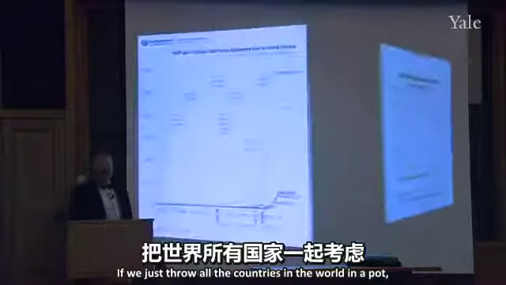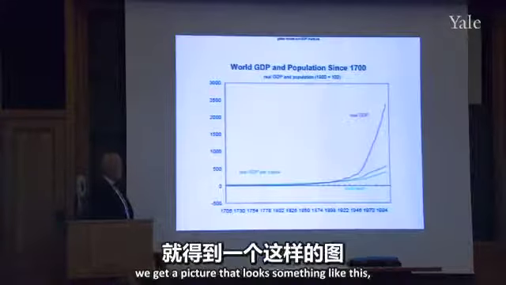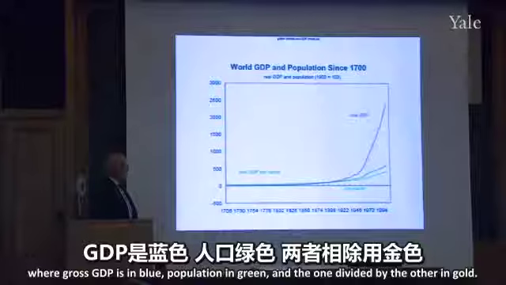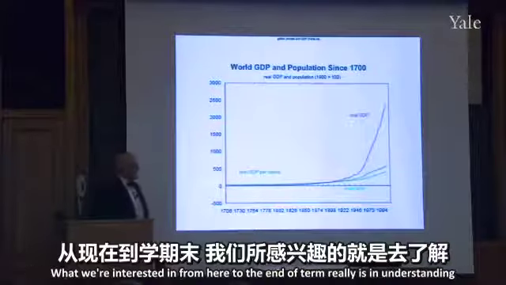And if we just throw all the countries in the world in a pot, we get a picture that looks something like this, where gross GDP is in blue, population in green, and the one divided by the other in gold.